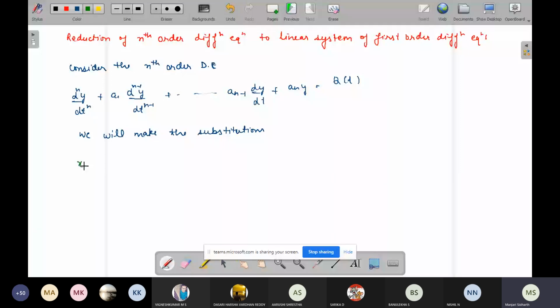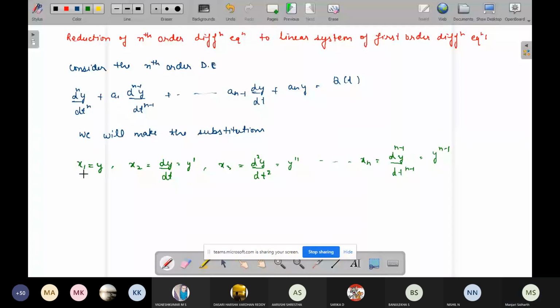Let x1 is equal to y. x2 is equal to dy by dt, that means simply y dash, right? x3 is equal to the second derivative, that means y double dash. And xn is the n minus 1th derivative, that means y^(n-1), right?